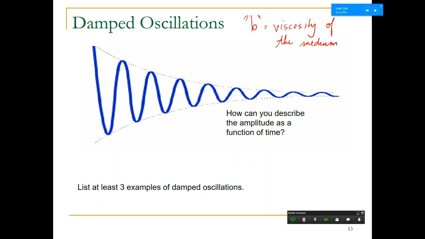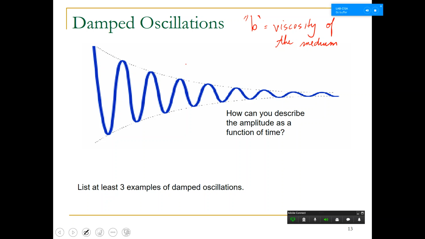So we have to add that to the equations that we learned already, so that we can understand what predicts how many oscillations it might make before it stops. We'll get to some examples. Any questions so far?